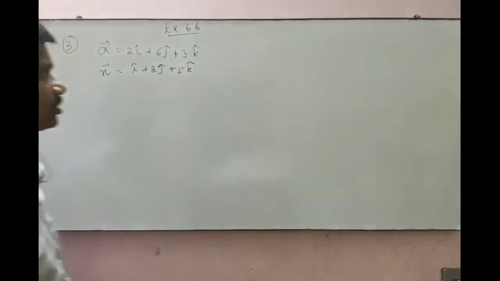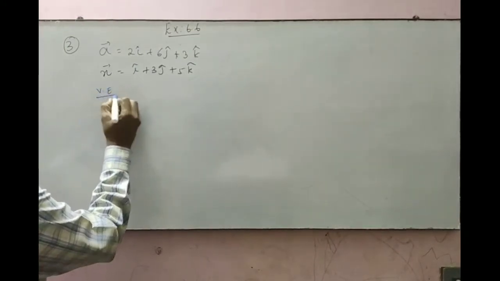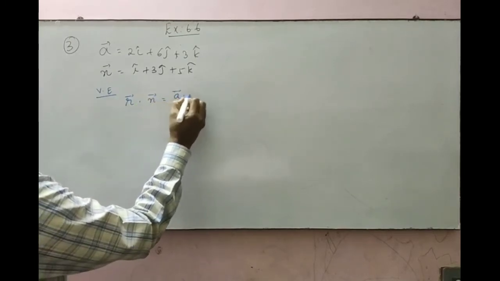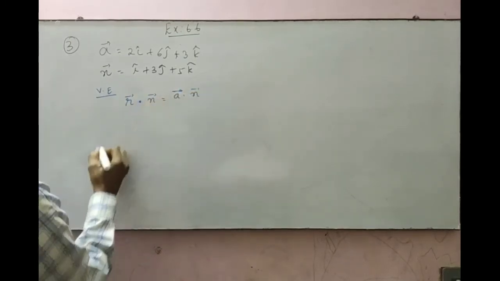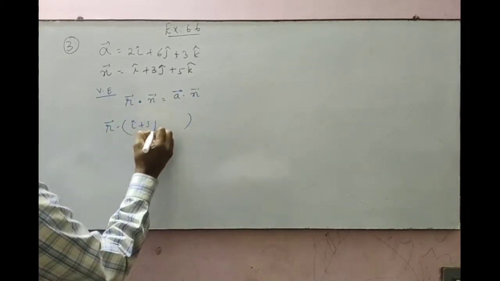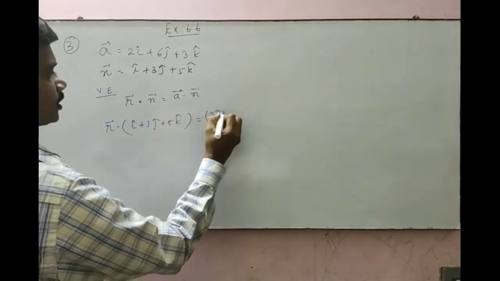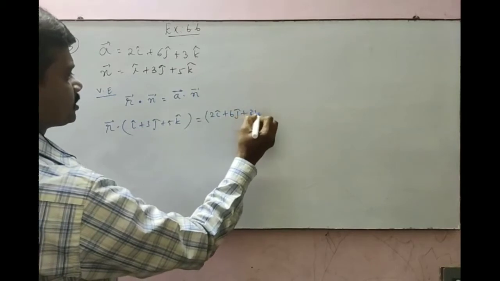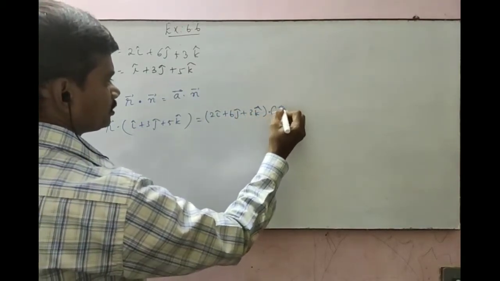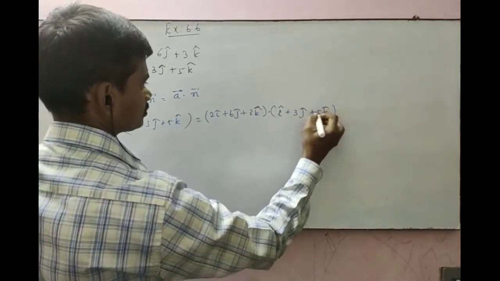If the point and the normal vector is given, then the vector equation formula is r dot n vector equal to a dot n vector. So r dot, what is the n here? i plus 3j plus 5k equal to, what is a? 2i plus 6j plus 3k dot i plus 3j plus 5k.